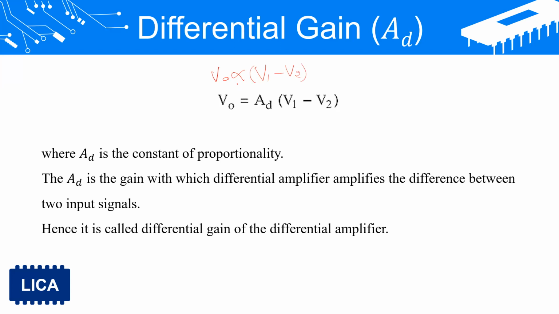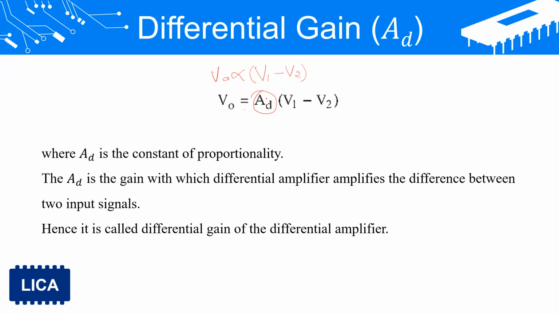To eliminate this proportionality, we have to replace it with an equal sign, and we have to introduce one more constant term. That constant term is AD. AD is the gain.